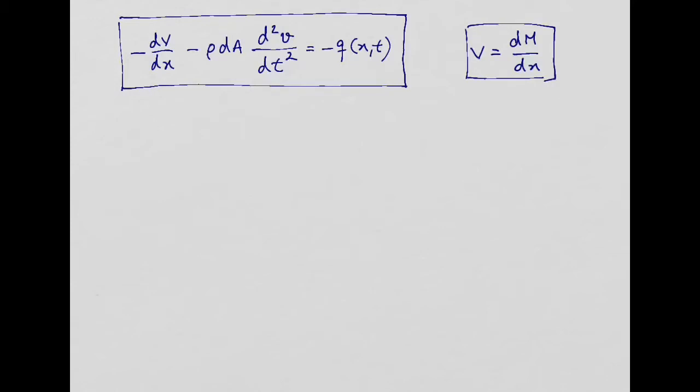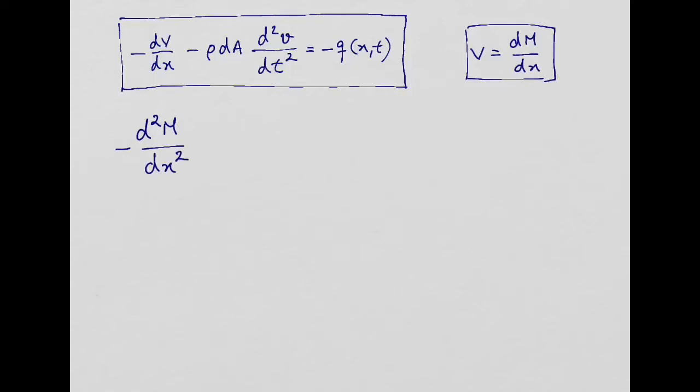to replace this transverse shear force I have here. I'm going to replace it with the derivative of the bending moment in order to x, right? Nothing more than that. So then we will have minus the second derivative of the bending moment in order to x.